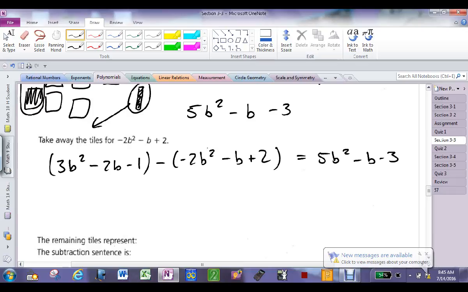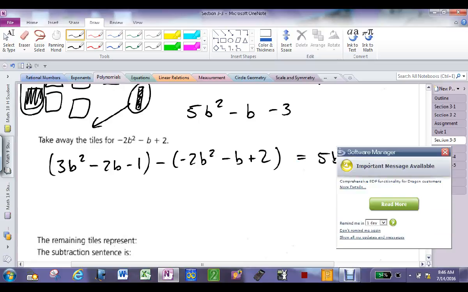This is our subtraction sentence. Everybody cool? Now I want you to notice something. 3, 2, 5. 2, 1, 1. 1, 2, 3. There is relationships there.